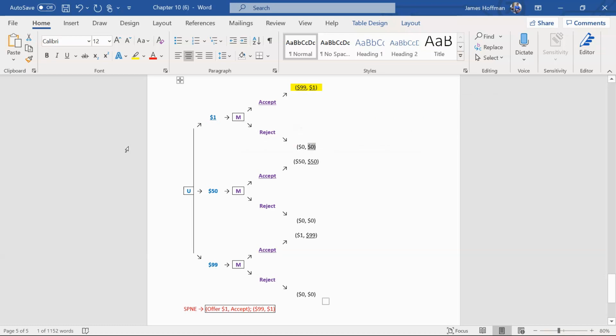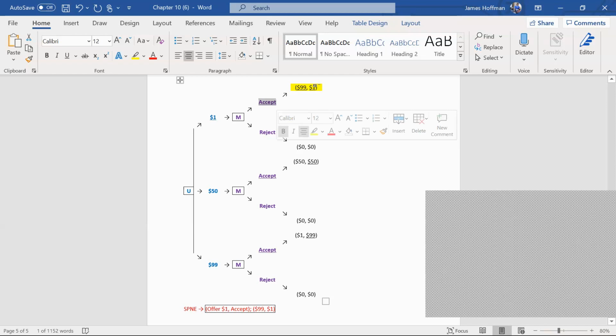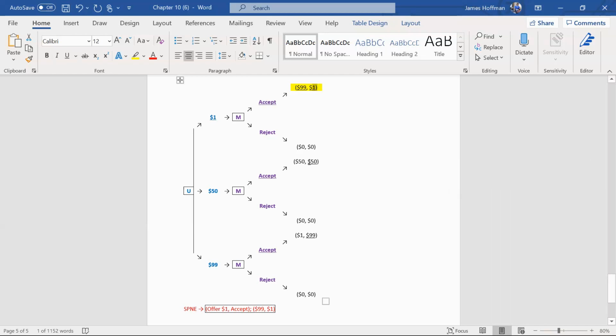Accepting $1 is better than getting nothing, so they're going to accept. If the management gets the offer of 50, they can accept it and get 50, or reject it and get zero. So again, they're going to accept it and get the 50.